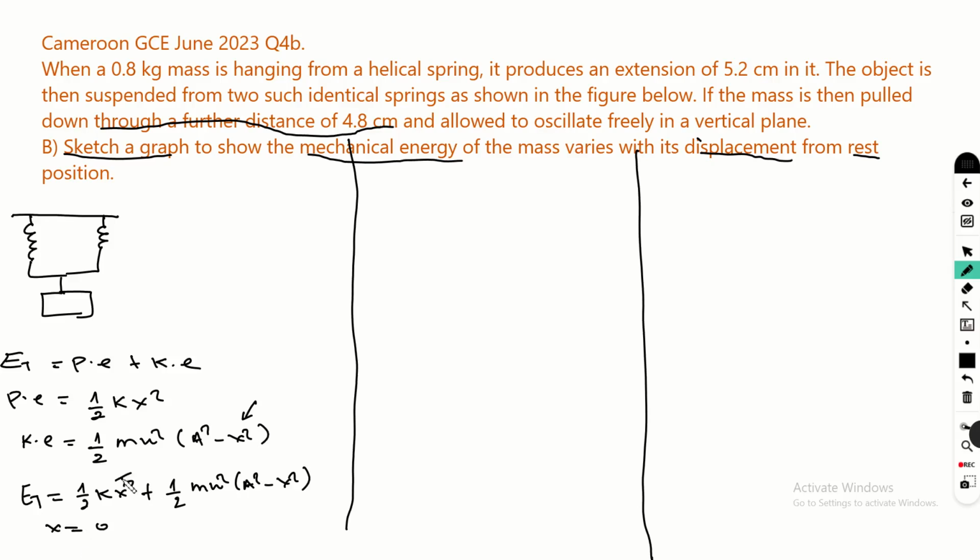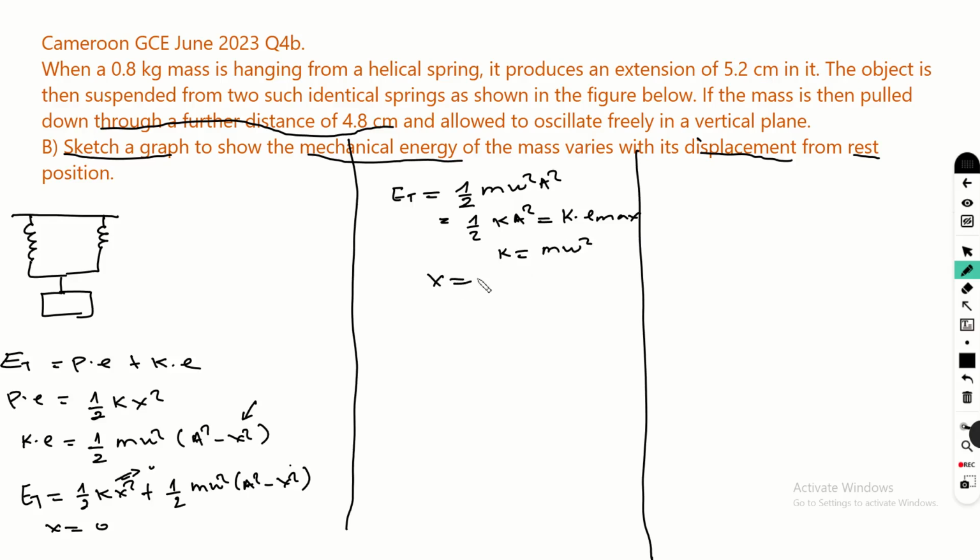This term becomes 0, and this one also becomes 0. So ET will be equal to half m omega squared a squared, which is the same as half k a squared, which is the same as the maximum kinetic energy, because k is also the same as m omega squared.